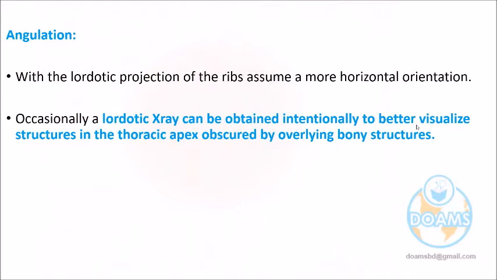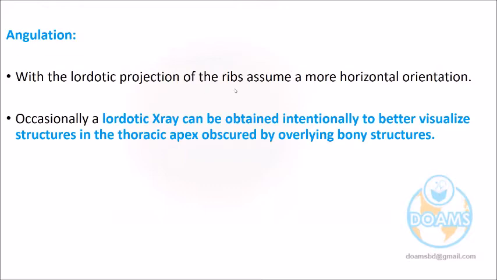And the angulation. Angulation means the projection of the ribs assumes a more horizontal orientation. Occasionally, a lordotic X-ray can be obtained intentionally to better visualize the apical area. It is called angulation. Sometimes angulation of the vertebral column also, such as scoliosis or kyphosis, can distort the viscera in the chest cavity.